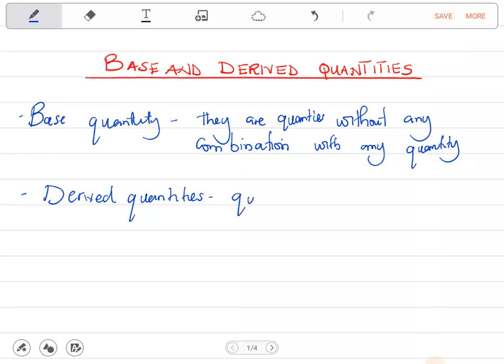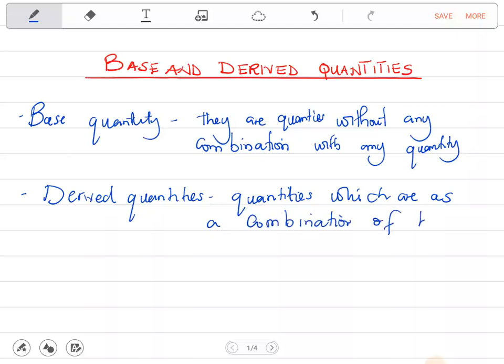These are quantities which are a combination of base quantities.